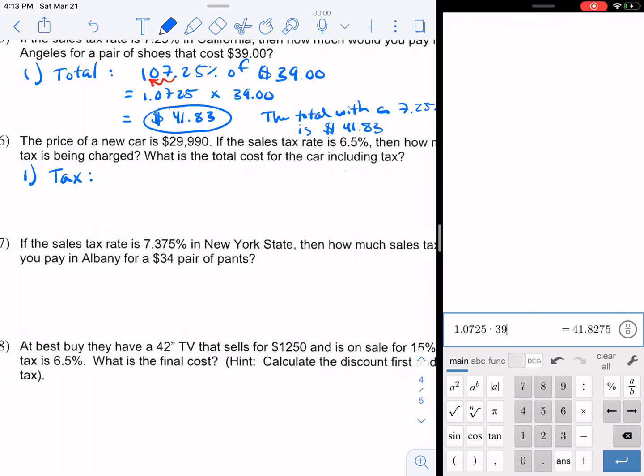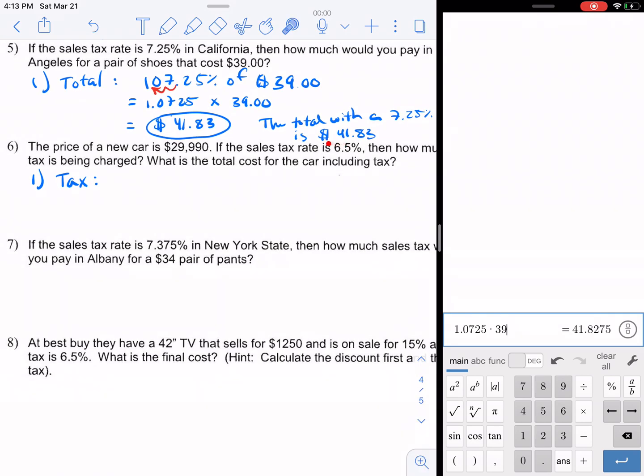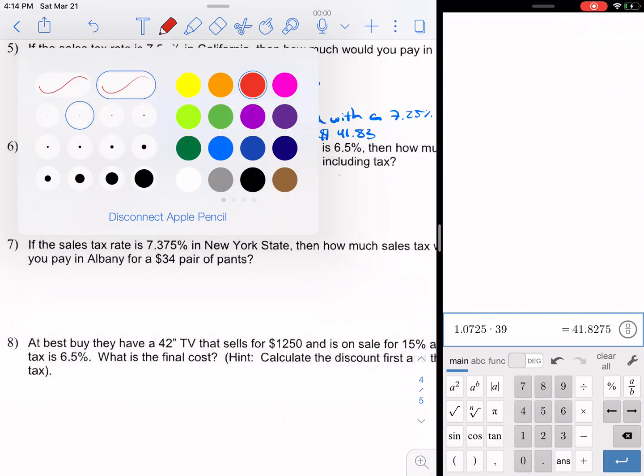So the first thing I'm going to do is the tax. Calculate the tax. So the tax is 6.5% of 29,990. Go through the steps. What does 6.5% mean? Well, that means 0.065, right? Because you move it to the left twice, once, twice. So the gaps fill with zeros. Okay.